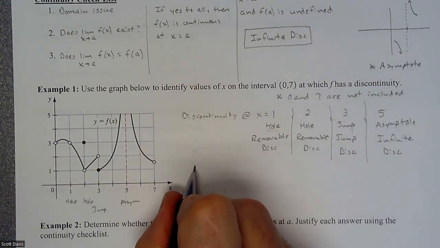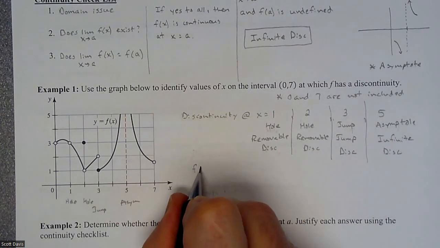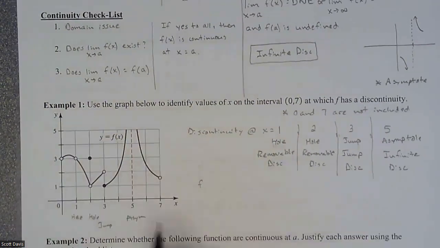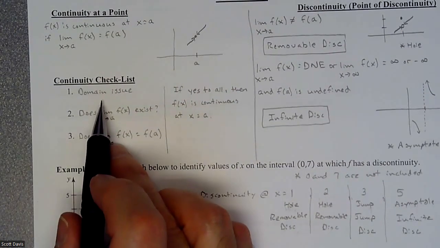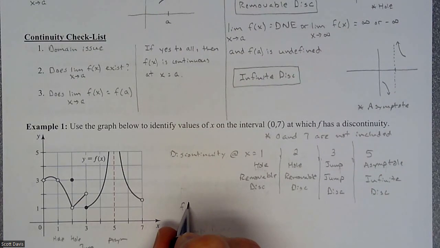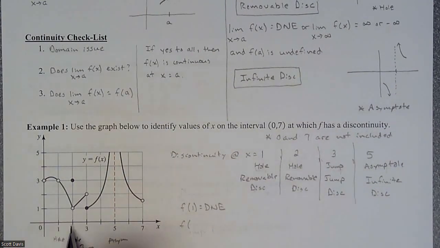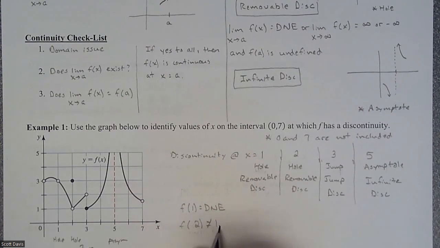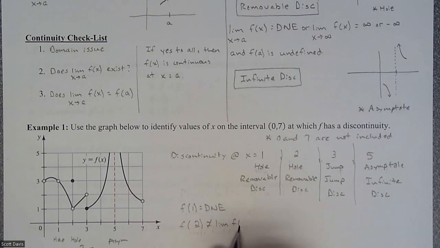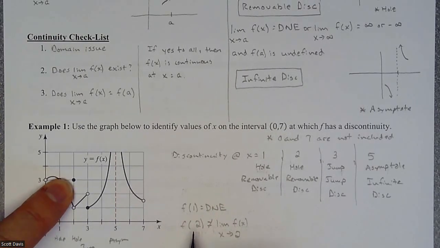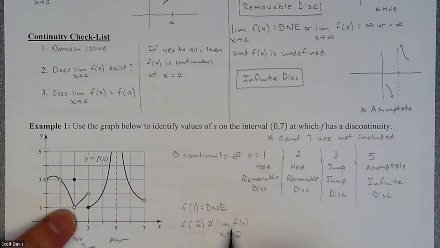Now if you're going to justify it, at 1 the limit exists, but it's a domain issue. There's a value that's missing, so f at 1 does not exist. At 2, f at 2 does not line up with the limit as f of x approaches 2. f at 2 exists, but it has a y value up here, and the limit has a y value here, so they don't line up.